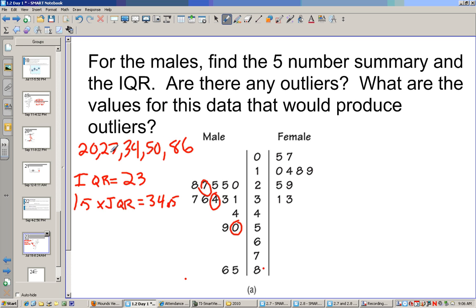Now, if we subtract it from our Q1, we'll have negative 7.5 all the way up to 50 plus 34.5, which is 84.5. These are acceptable values. Now we look at our data and see if there are any unacceptable values. It looks like 85 and 86 are both outliers.